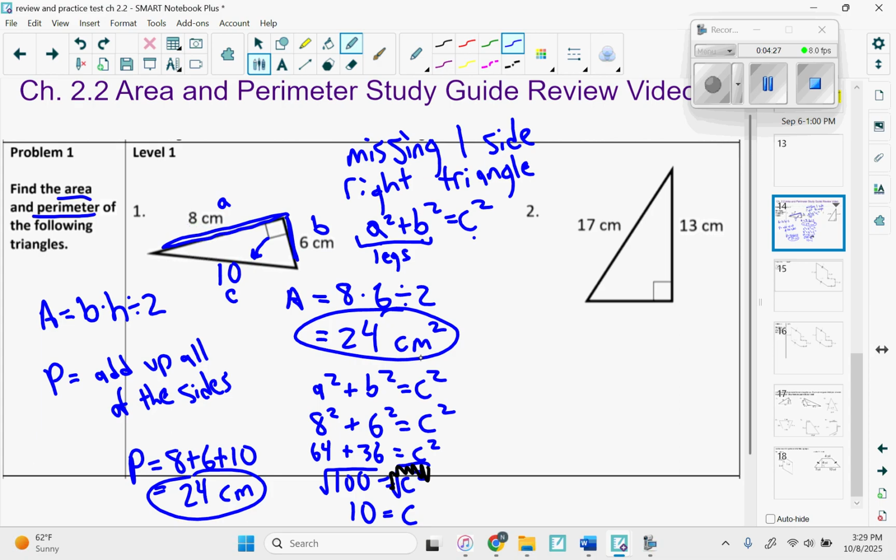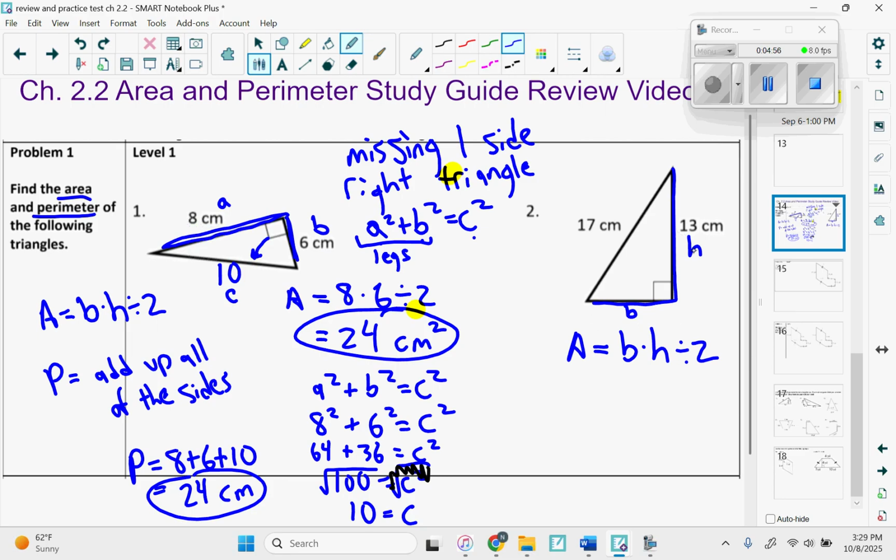Let's do another example. So same steps as before. If I'm going to do area first, I need my base and my height. And I look at my triangle here. And again, the base and the height make the right angle. 13 is my height. I don't know my base. So how am I going to figure out my base?